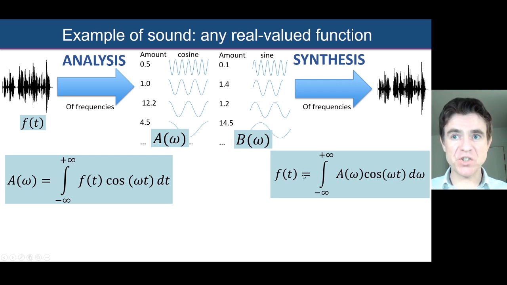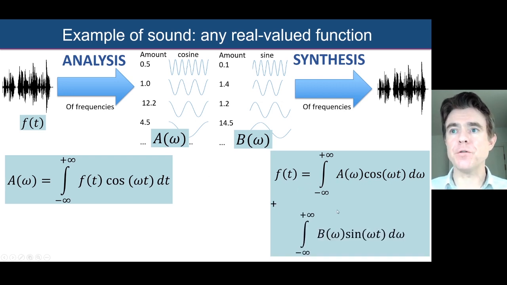So that means we can extend now the synthesis expression to add on the fact that it's not only a cosine of a particular coefficient or amount A, but also add on the sine omega with a particular amount B, which also depends on omega. So that's the more general synthesis expression for a real valued function.